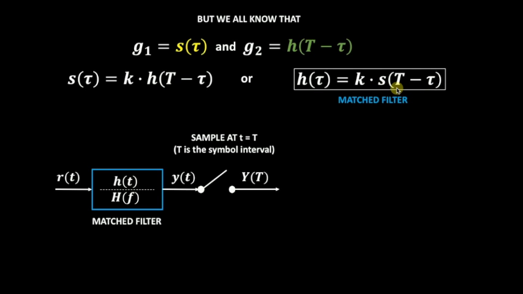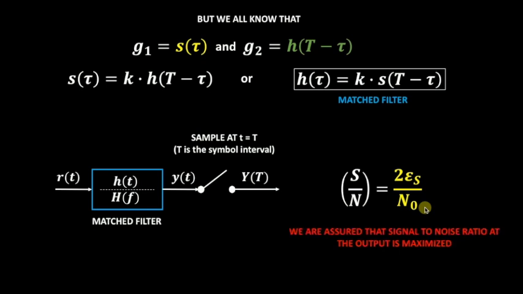In that way, we can maximize our signal-to-noise ratio. Our signal-to-noise ratio will be equivalent to twice the energy of your signal divided by N0. So in this case, we are assured the signal-to-noise ratio at the output is maximized.